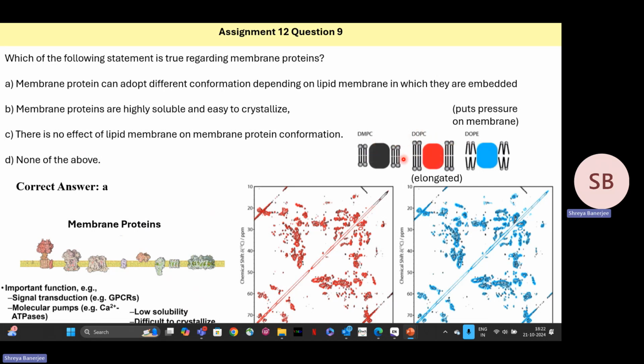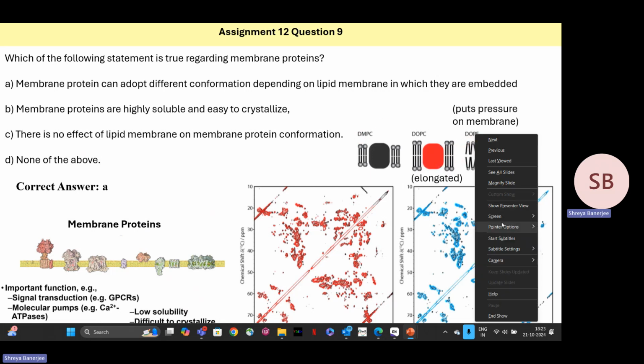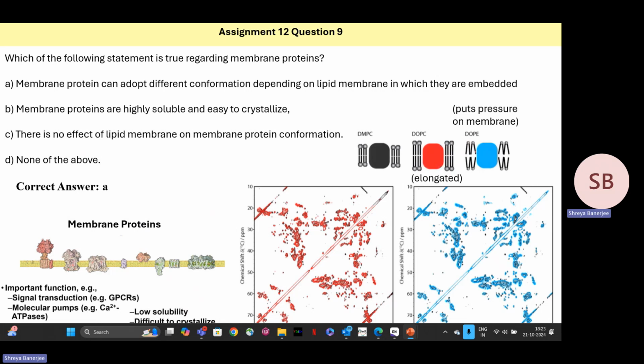Depending on what kind of detergent molecule you use, the type of membrane is different. Like if you use DOPC, you can see these molecules are slightly longer than DMPC. Or if you use DOPE, these molecules are putting a pressure on the protein. You can see these are bending inwards and putting a pressure on the protein. So that will change the protein structure.